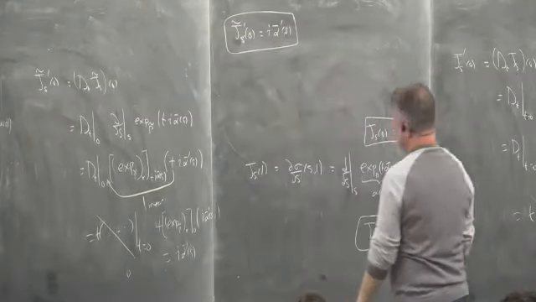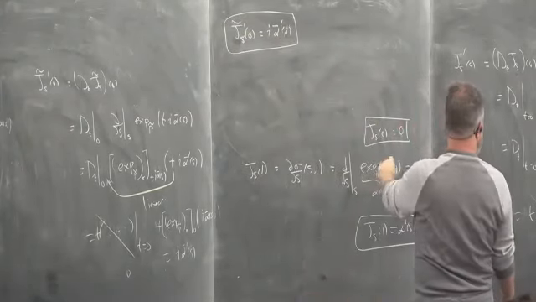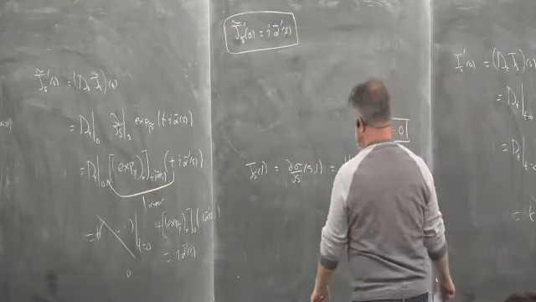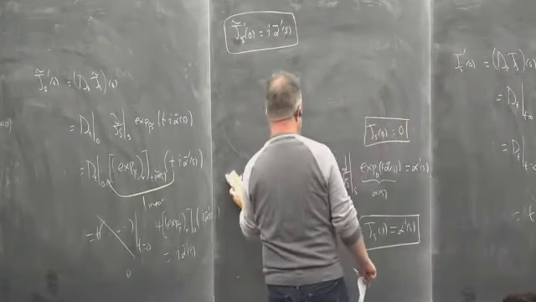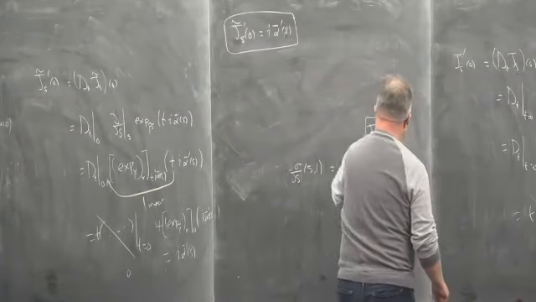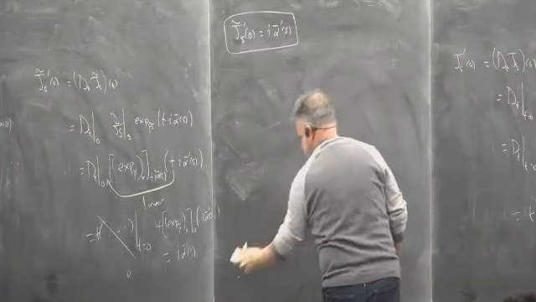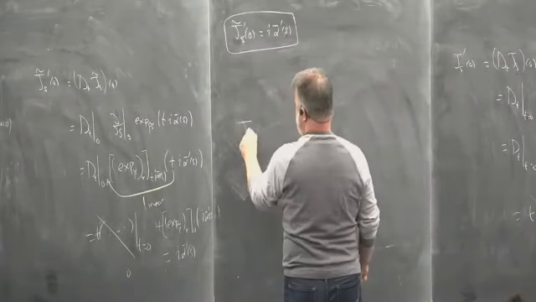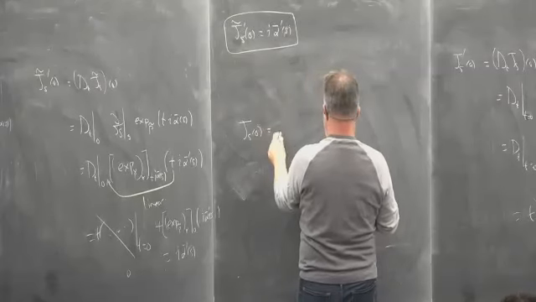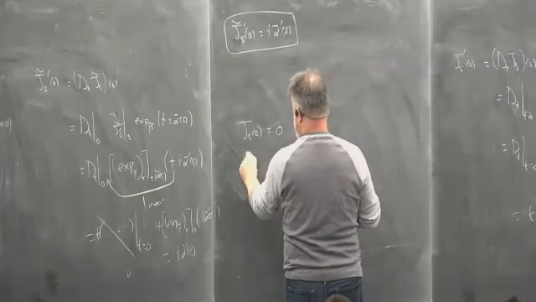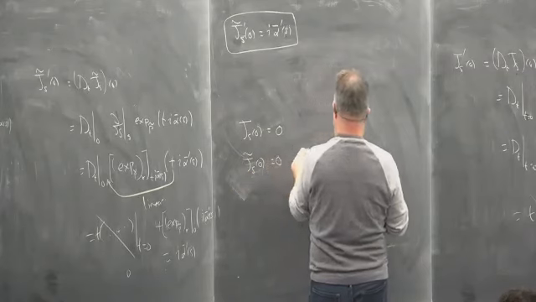Okay, so I've got hopefully 6 equations here. Maybe I should just write them all out again. Oh, I shouldn't have erased that. So I have J_S of 0 is 0. J_S tilde of 0 is 0.